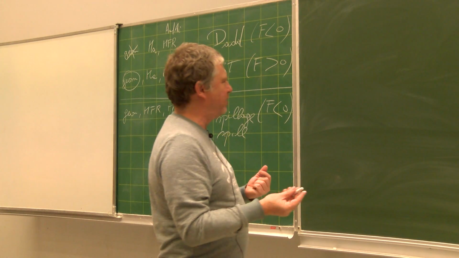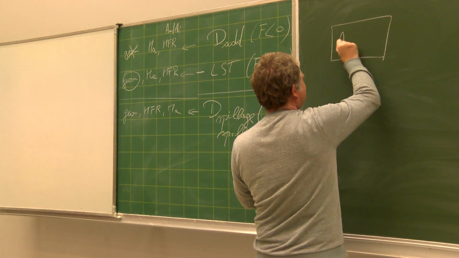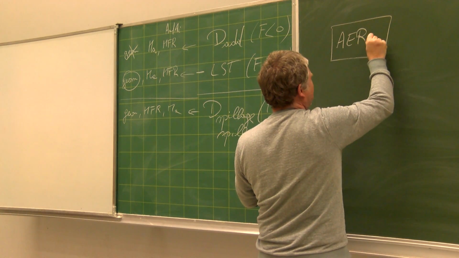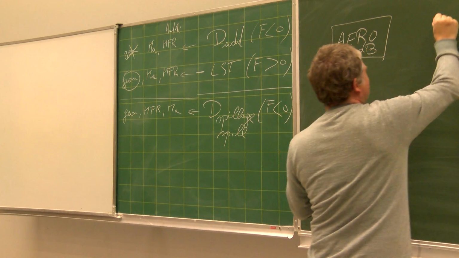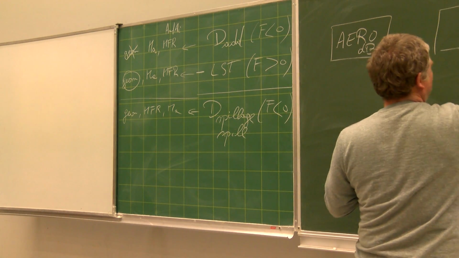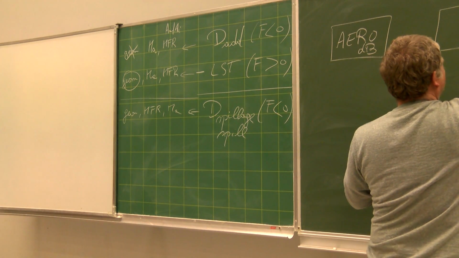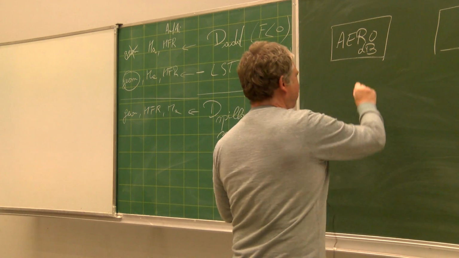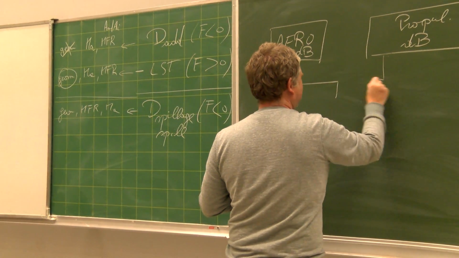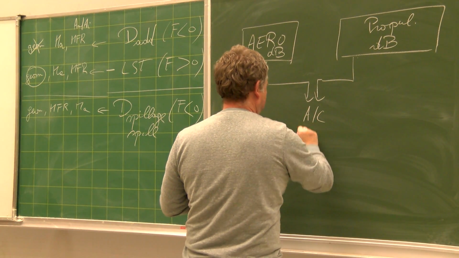Because the manufacturers need to build up an aerodynamic database, and they need also to build up a propulsion database. And they will compare these two in order to extract the performance of the aircraft.